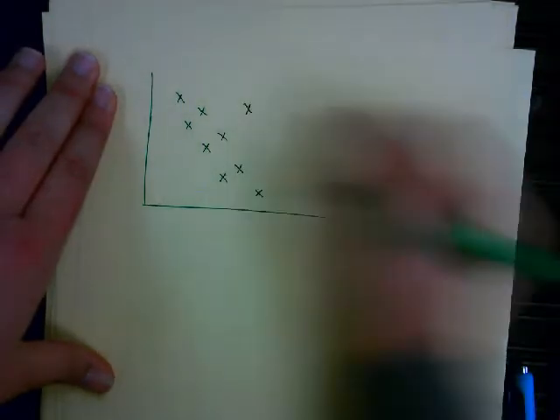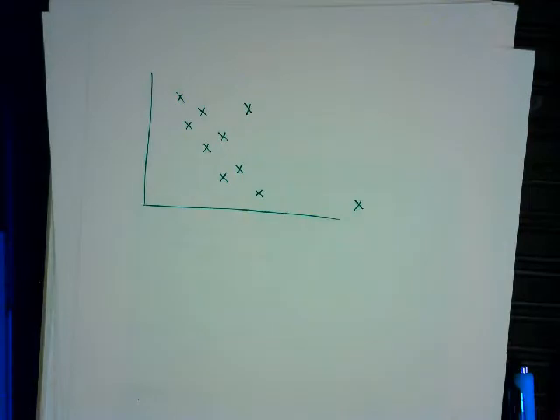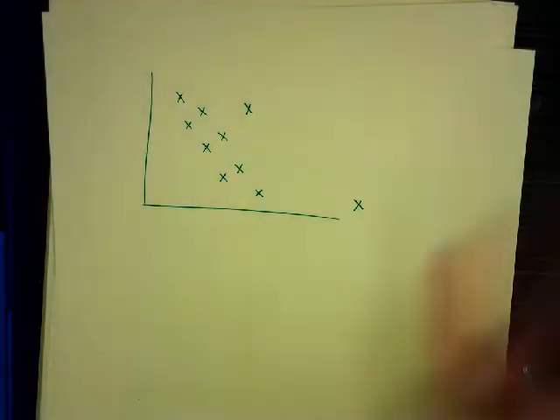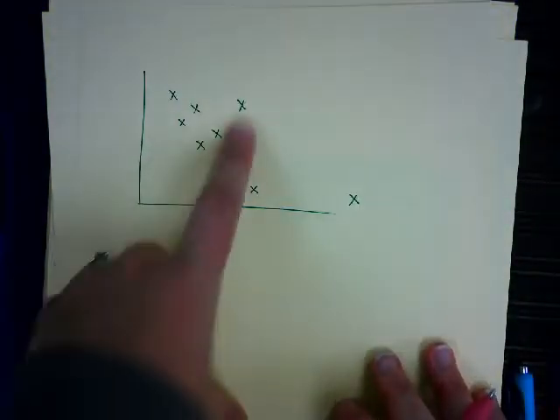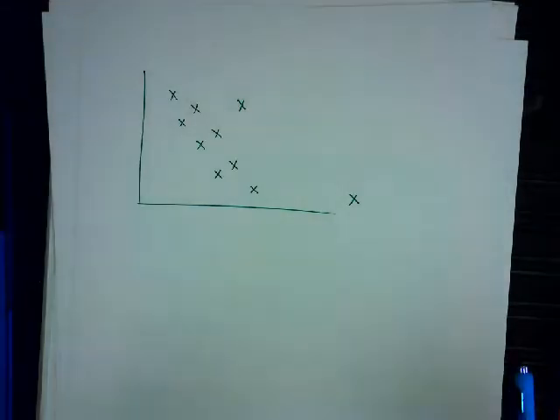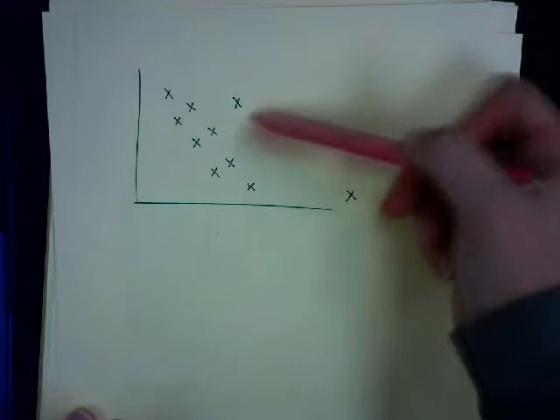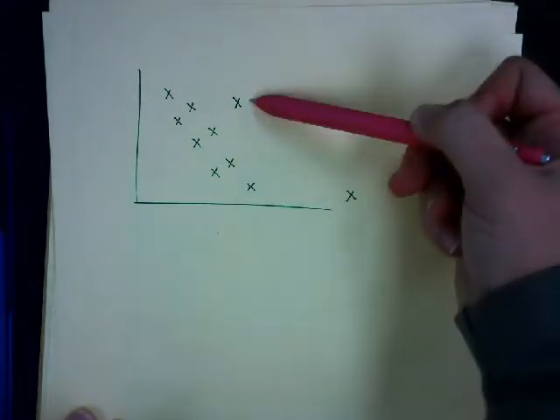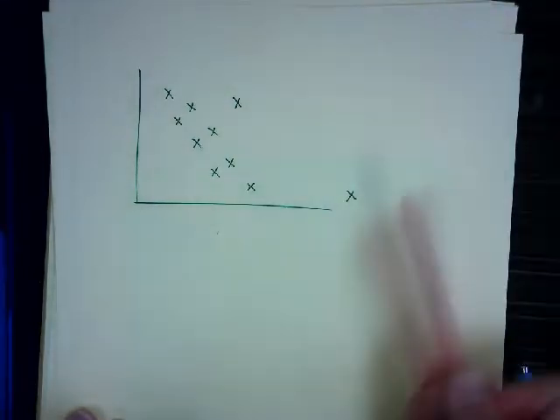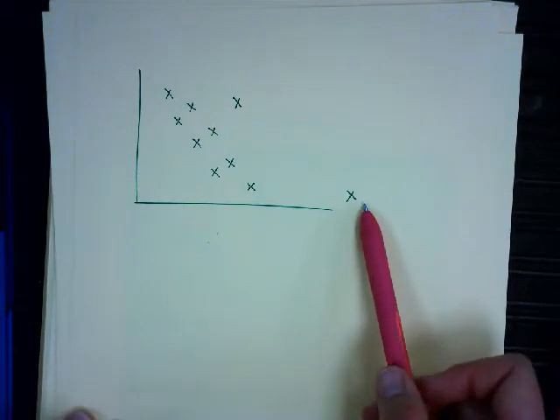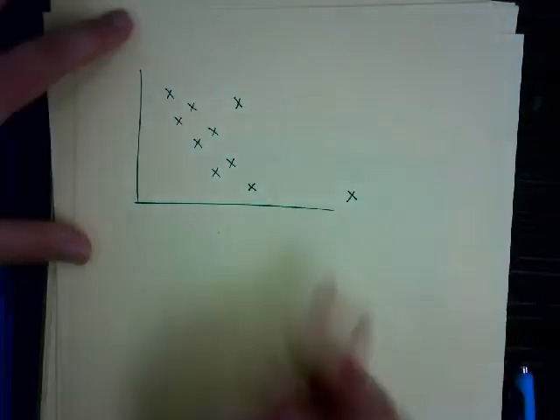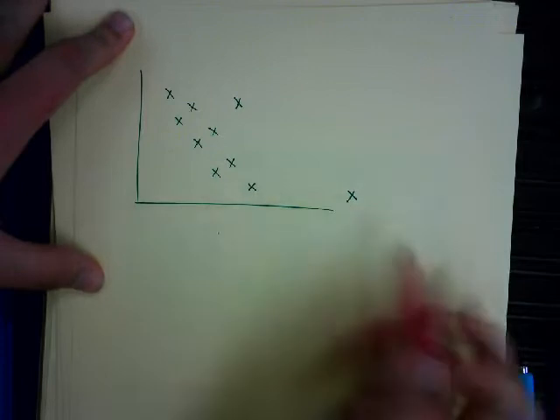He's much higher than the other pieces of data around the same x value. So he's an outlier in the y. This is my outlier in the x. Okay? So when I have this piece of data here, my least squares regression line has to go towards it. And so he kind of pulls the least squares regression line towards him.